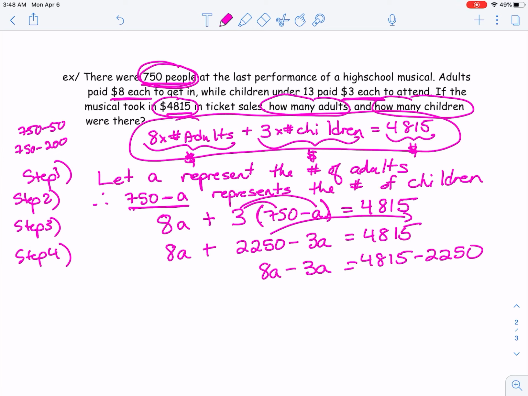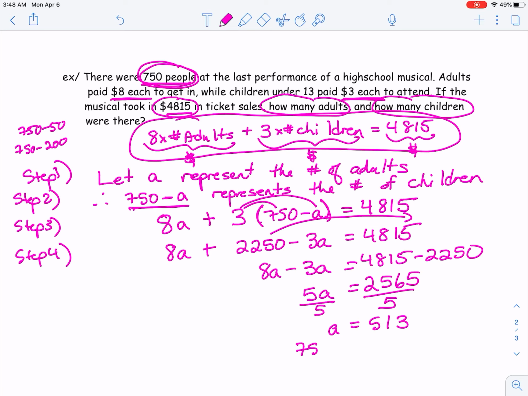8a minus 3a is 5a, and 4815 minus 2250 is 2565. Divide both sides by 5, and we get that a is 513.